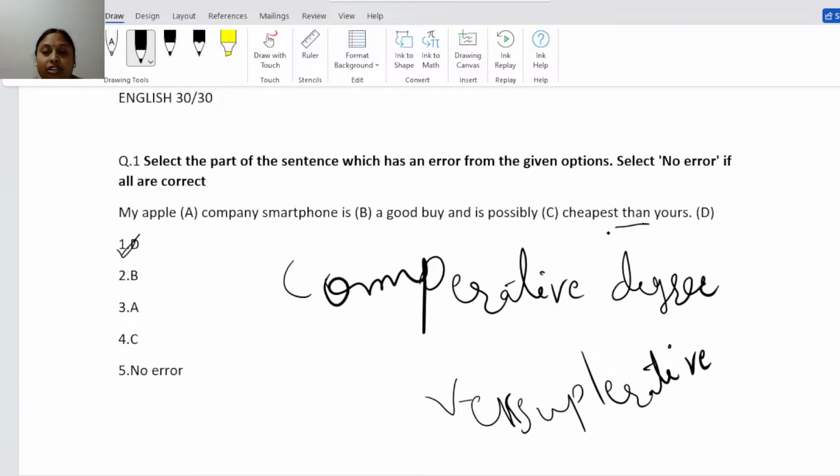Why can't we take it as a superlative degree? Because in that case than should not be used, but here than came along with the word ending in er. That is the error we are supposed to identify. So the option would be D.